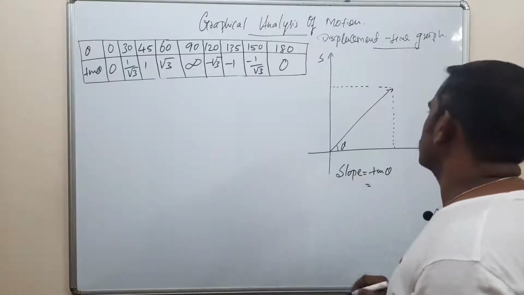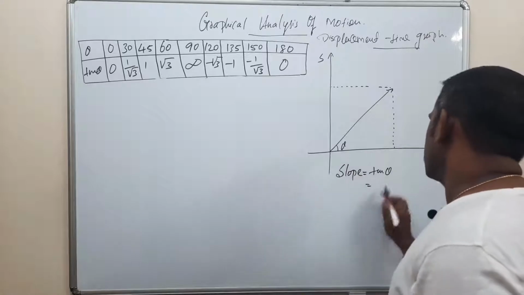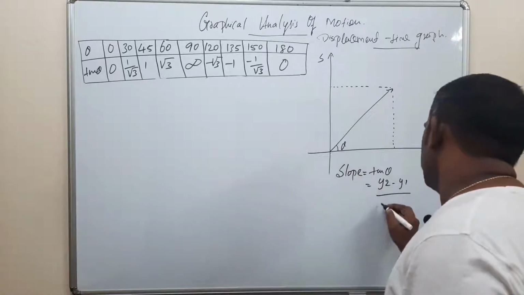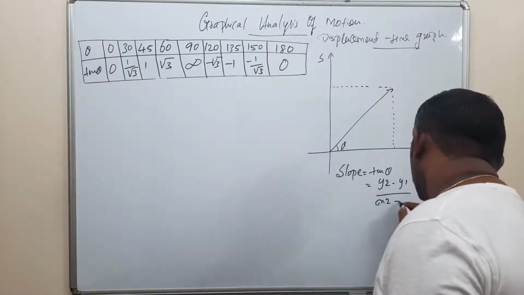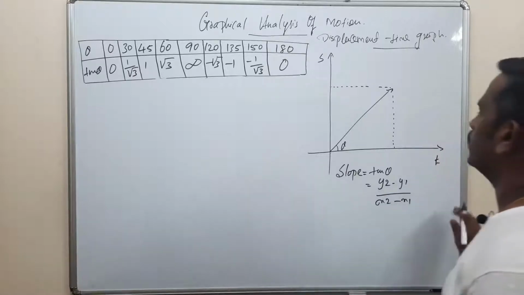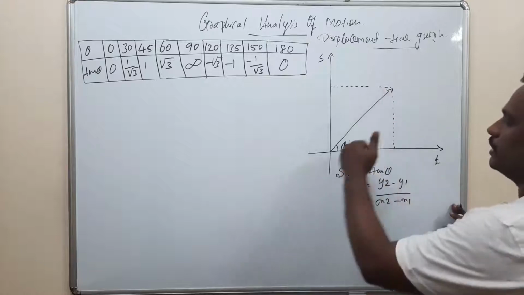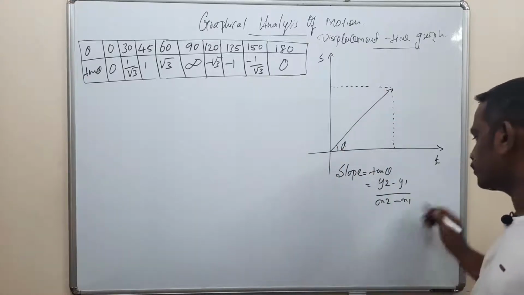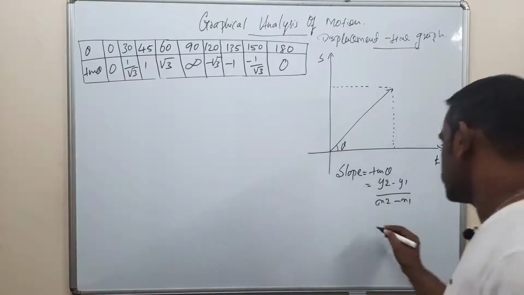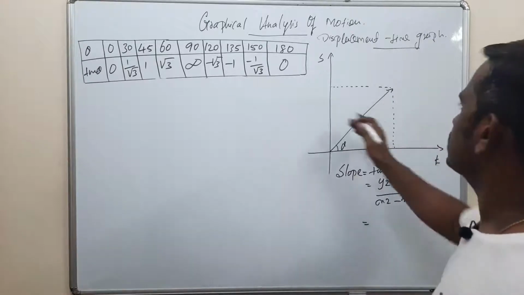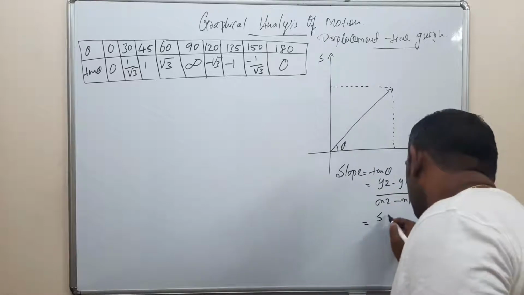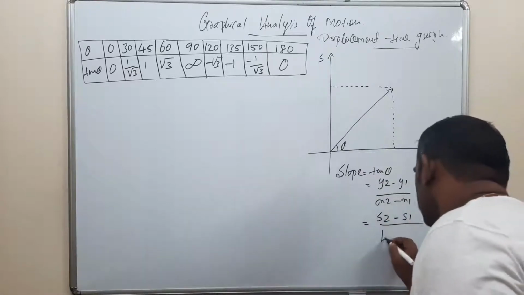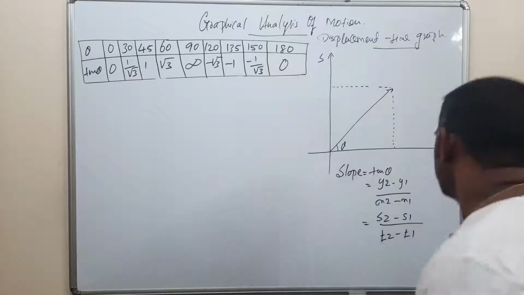Tan theta is equal to perpendicular by base, that is y2 minus y1 divided by x2 minus x1. In the y-axis we have displacement, so s2 minus s1, and in the x-axis time, that is t2 minus t1.